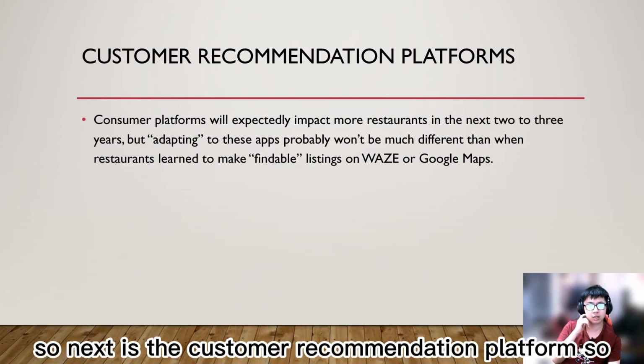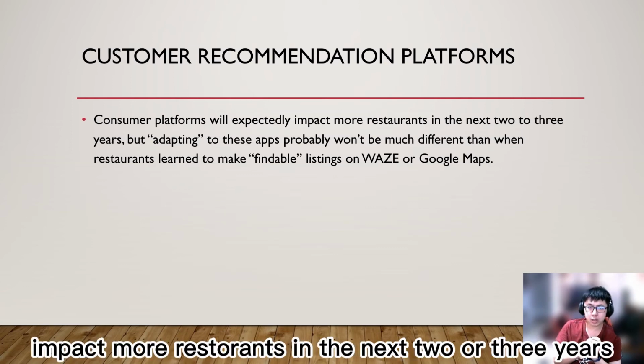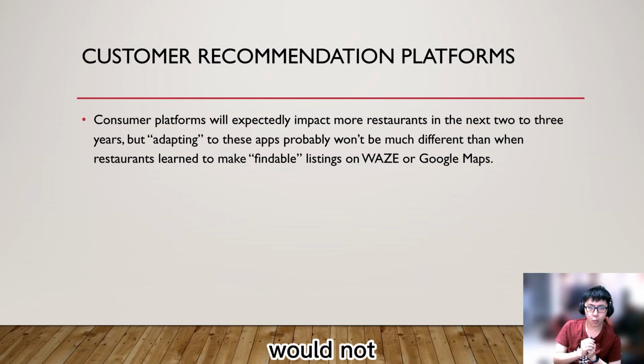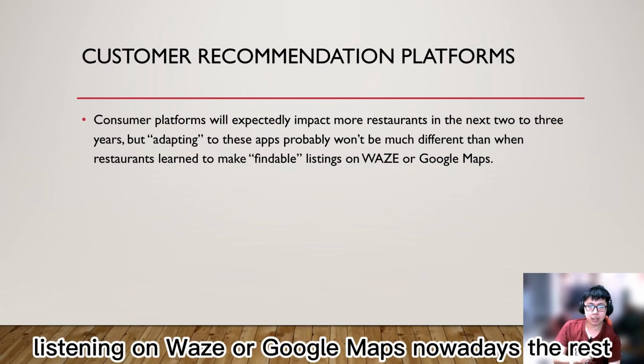So next is the customer recommendation platform. The consumer platform will impact more restaurants in the next two or three years, but adapting to these apps properly would not be much different from how restaurants learn to manage their listing on Waze or Google Maps.